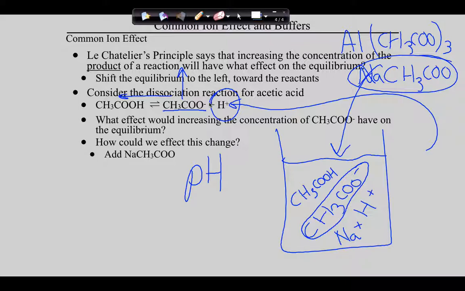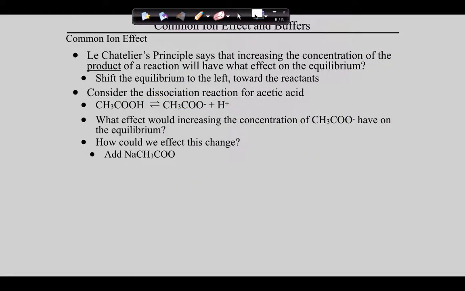So guys, what you just learned is what is called the common ion effect. Why? Where does the name come from? Because the sodium acetate has a common ion with the acetic acid. Good. So guys, you may want to draw this.